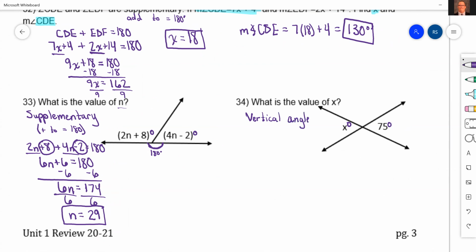And what's special about vertical angles? They're congruent. So this side is equal to that side. So what does x have to be then? 75. Don't overcomplicate it. X is 75.